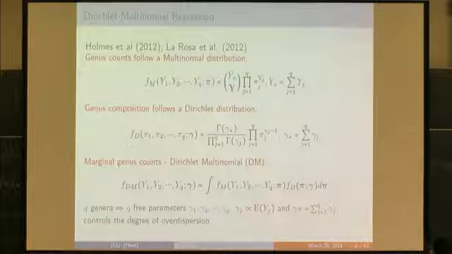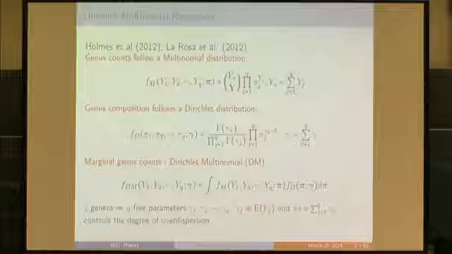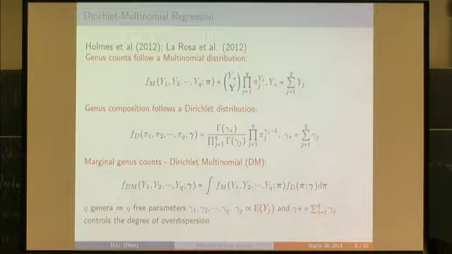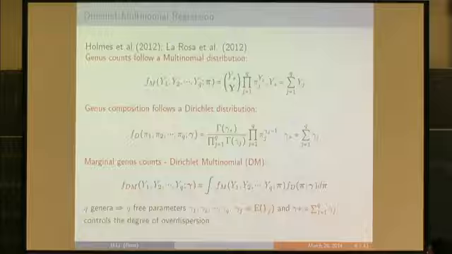So pi is basically the true proportions for Q different bacteria genera. And in addition, you assume across individuals, those pi follow the Dirichlet distribution. So basically the true composition across individuals follows the Dirichlet distribution. And if you integrate out the pi, what you get is the marginal distribution, which is the Dirichlet multinomial.